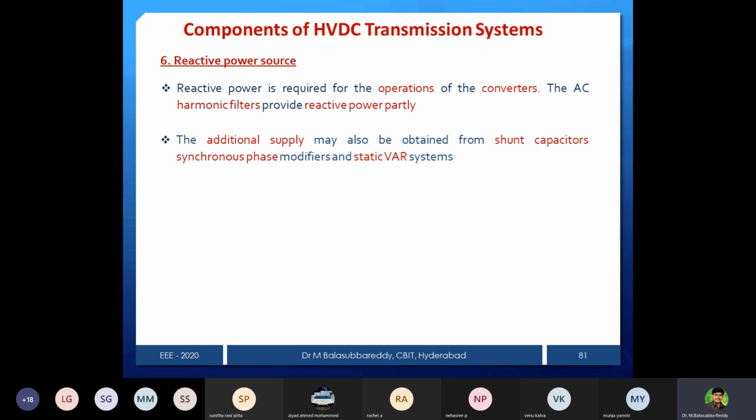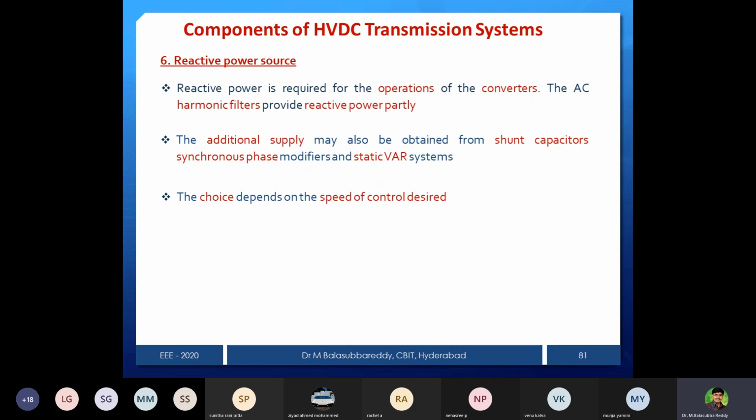Additional supply may be obtained from shunt capacitors and synchronous phase modifiers and static var systems like SVC and StatCom. These are the latest approaches you can use to compensate the reactive power.